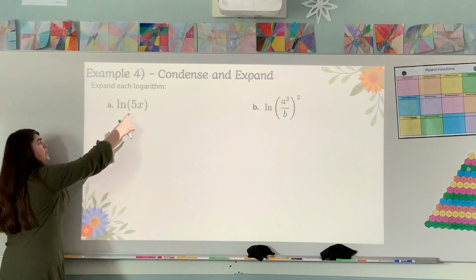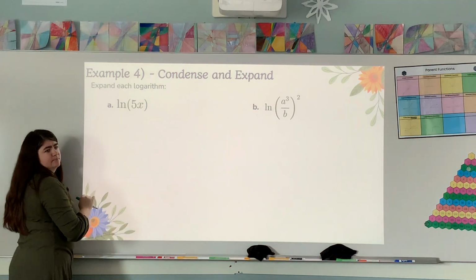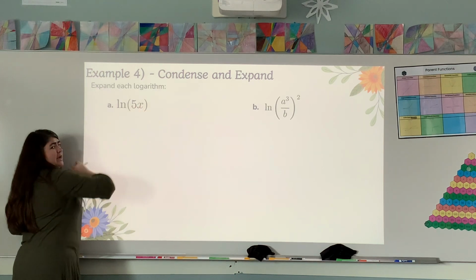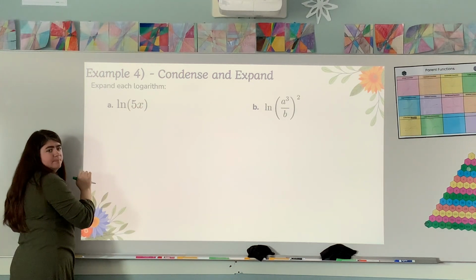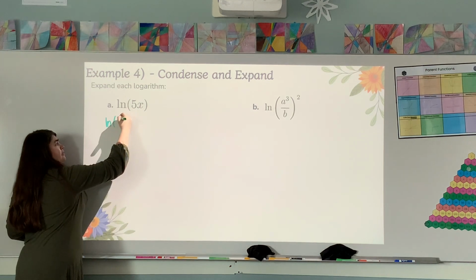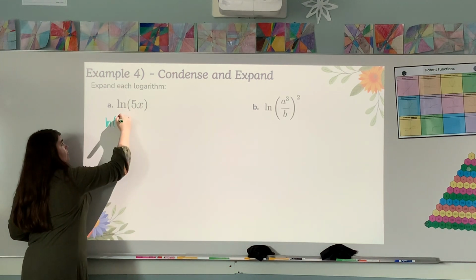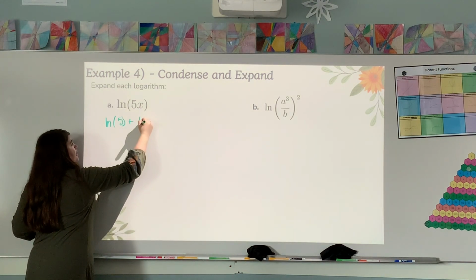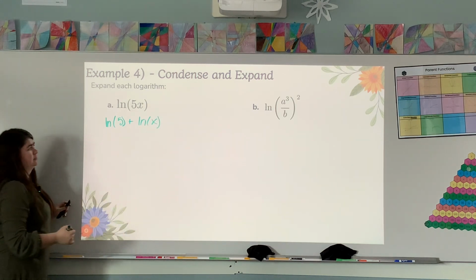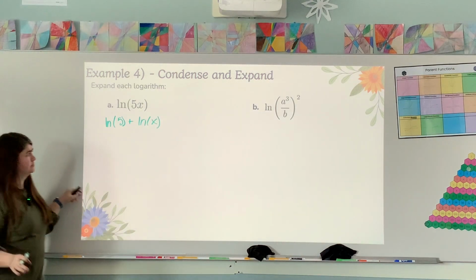So what can we separate here? 5 and x. Because these are being multiplied, how can we separate them? With addition. So we have the natural log of 5 plus the natural log of x. That's it for that one.